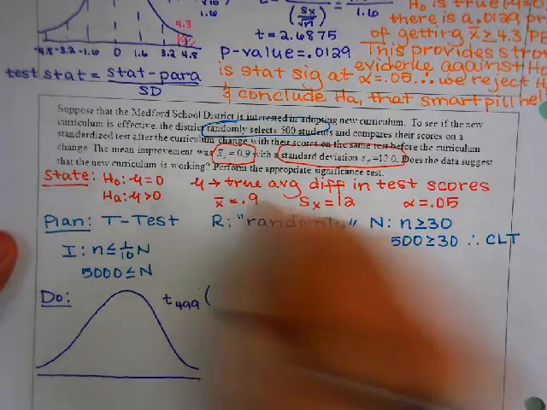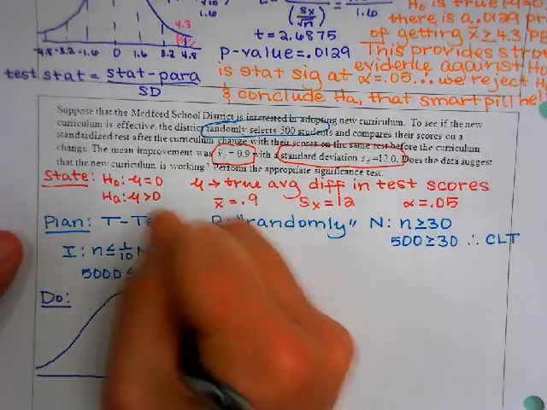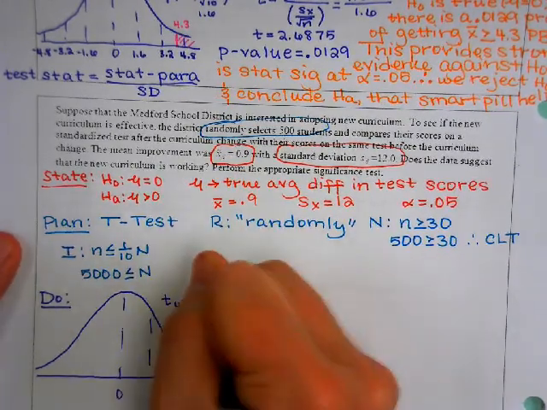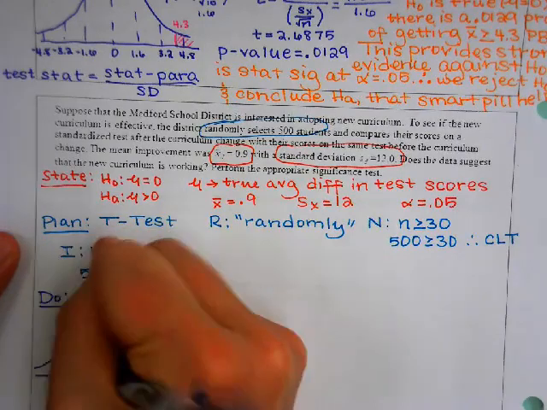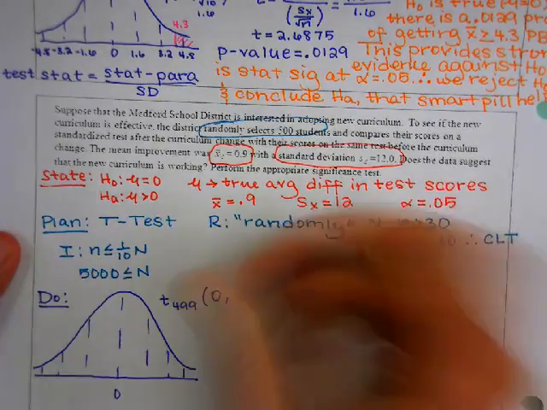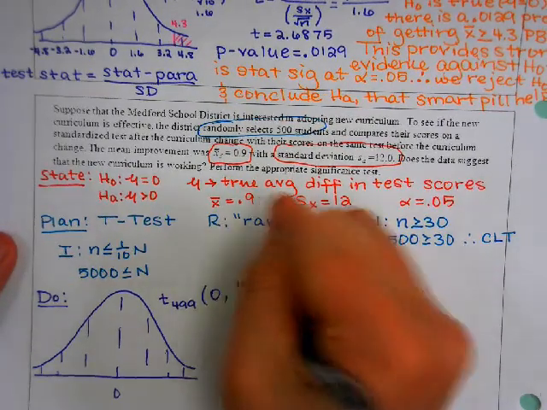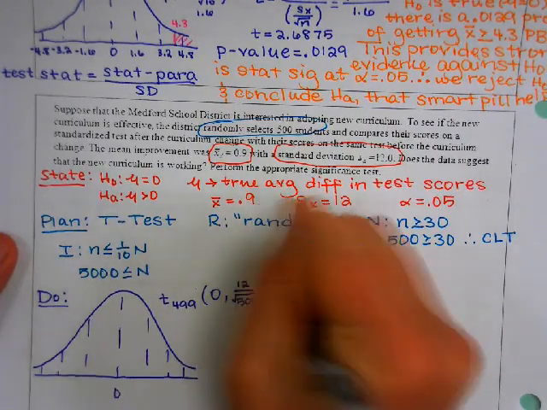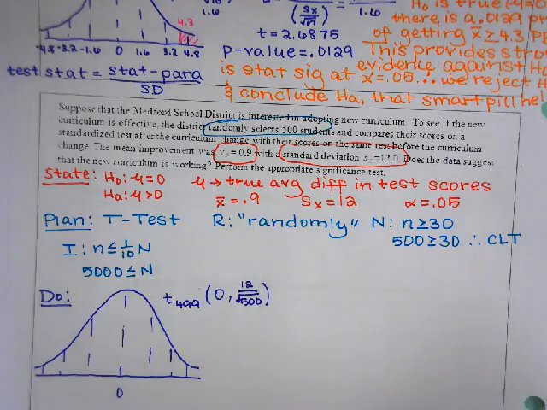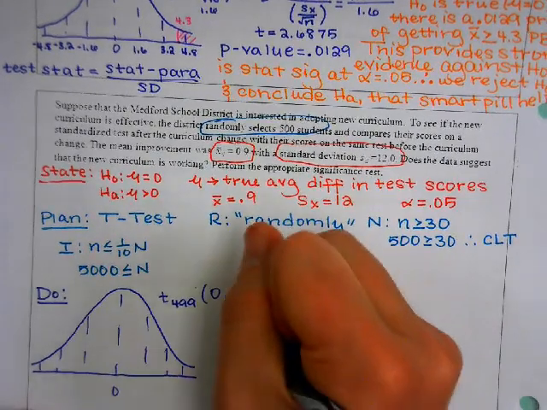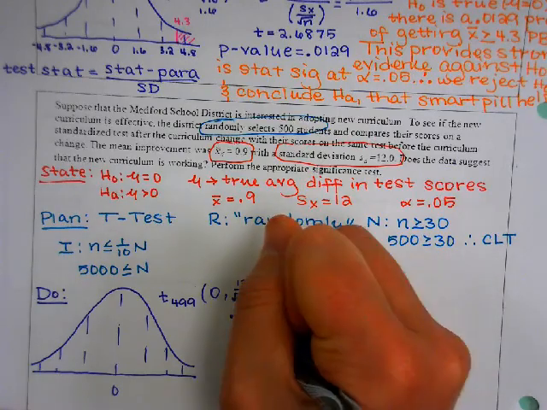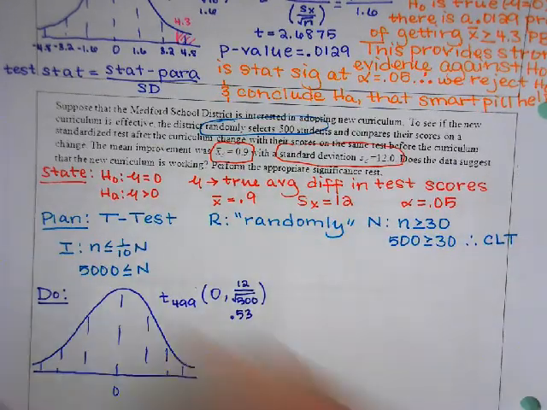Thank you, ma'am. 12 divided by the square root of 500, which, anybody happen to have the decimal for me yet? 0.5367. Well, 0.54.